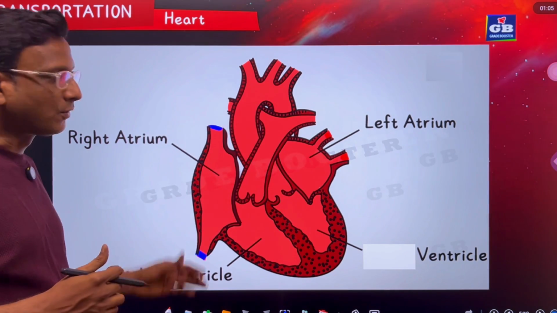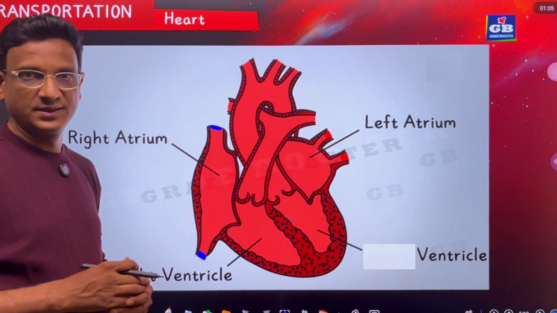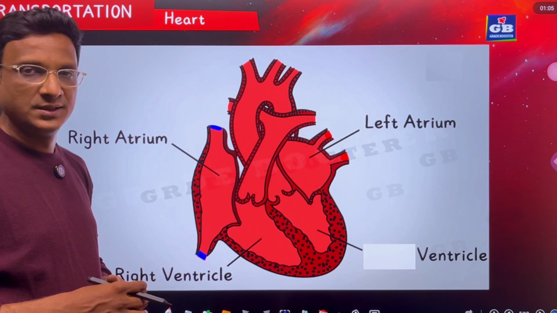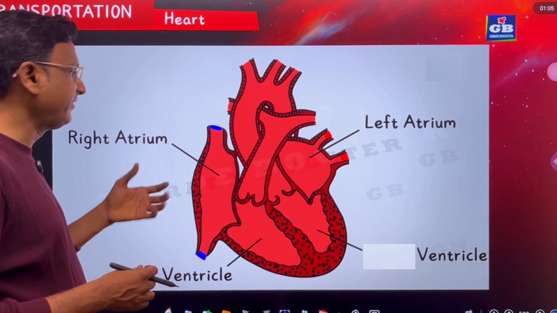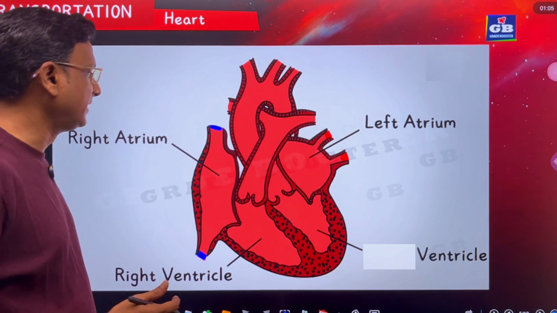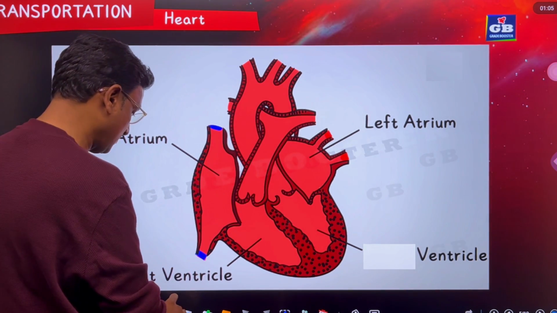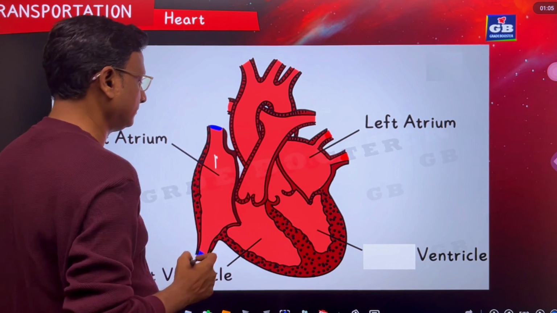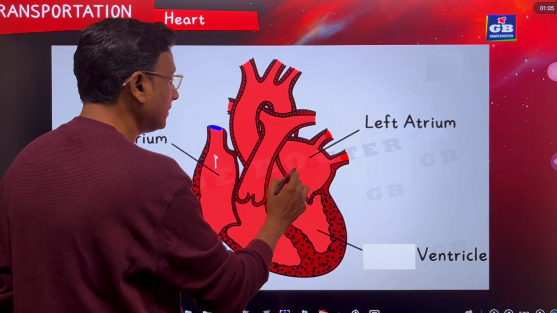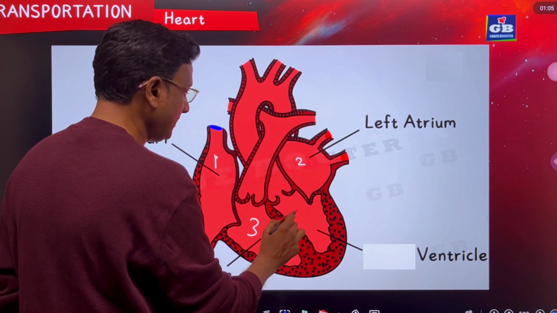This is the cross section of the heart. Right? So what do we see here? In the previous point we have seen there are 4 chambers in the heart. What are they? 1, 2, 3, 4.